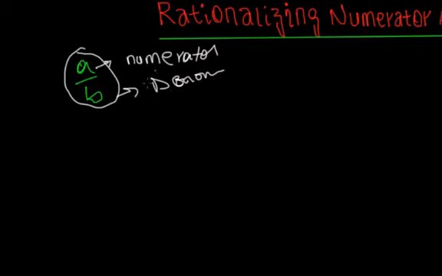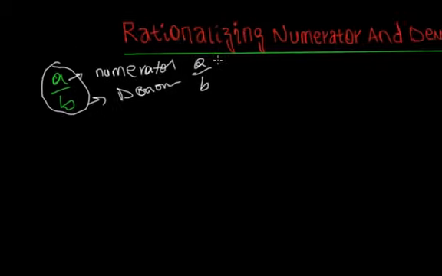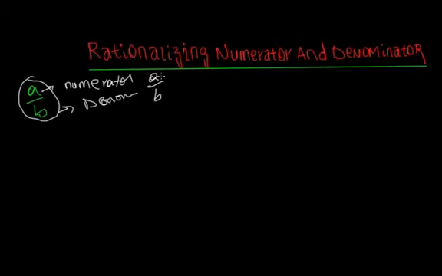Sometimes it is not easy mathematically to find a definite answer, as in a perfect rational number. For instance, if it is 4 over 2, you would end up with 2. Or even 5 over 2, you would have a definite answer here.